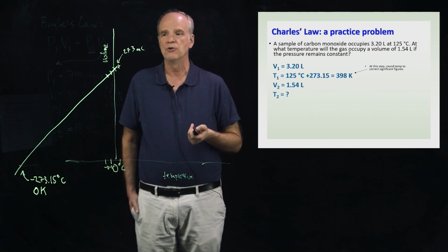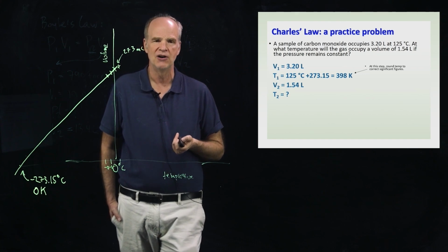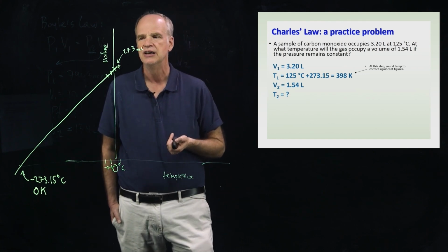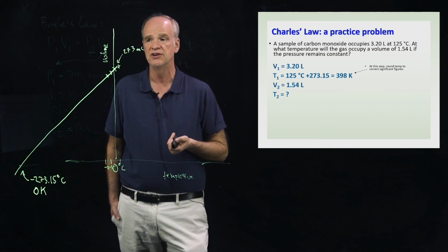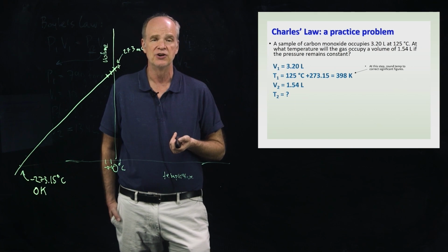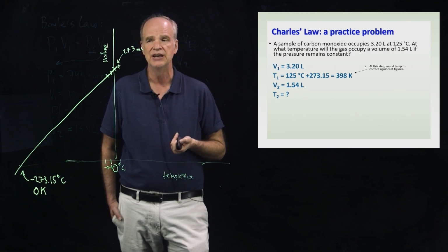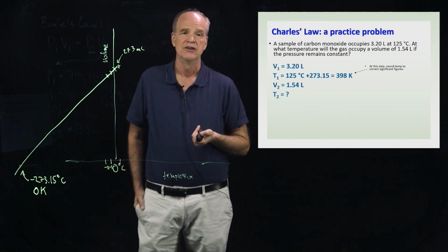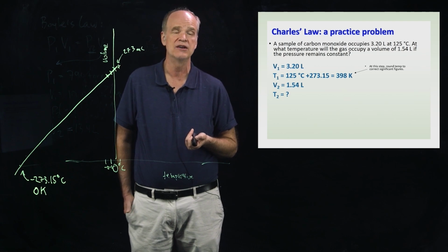So for example, we have a Charles' law problem here, and the first step is to probably take some temperature in Celsius and convert it to Kelvin. So here I have an initial temperature of 125 degrees Celsius, and I have to convert it to Kelvin, so I add 273.15 degrees Kelvin. Now, if you added those two numbers, what you would get on your calculator is 398.15.